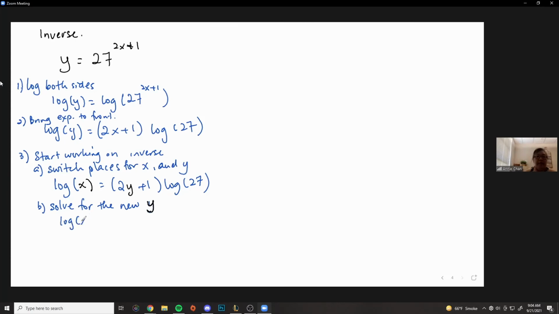So log of x, now we distribute this, is equals to 2y log of 27 plus log of 27, yes? Because I'm multiplying log of 27 into, I'm distributing it into everything inside the parentheses.